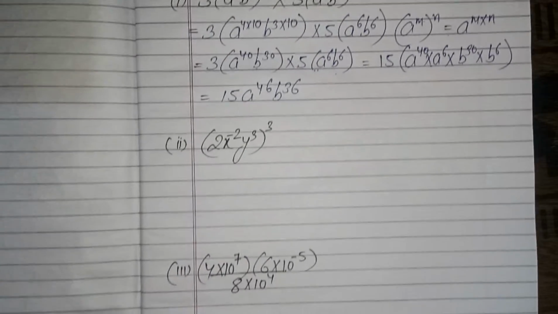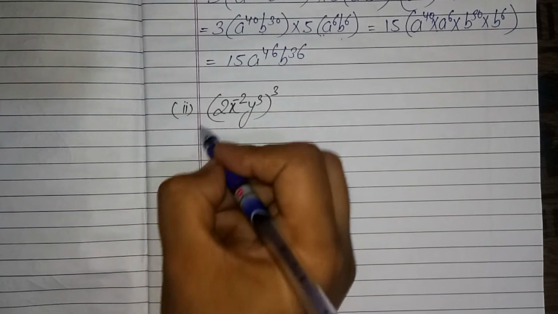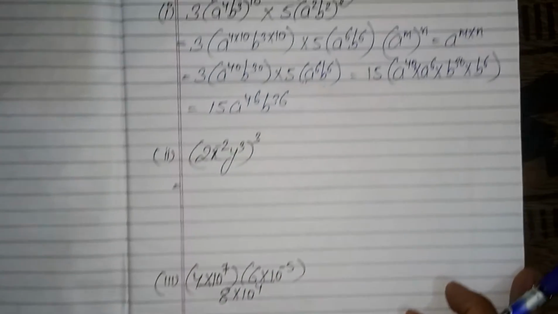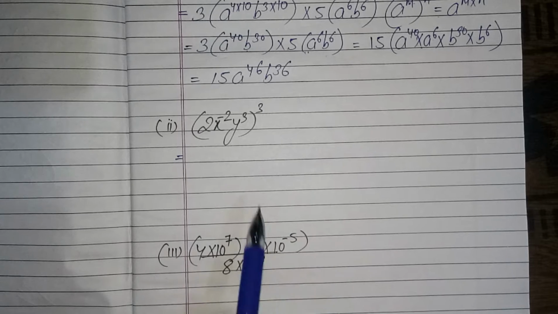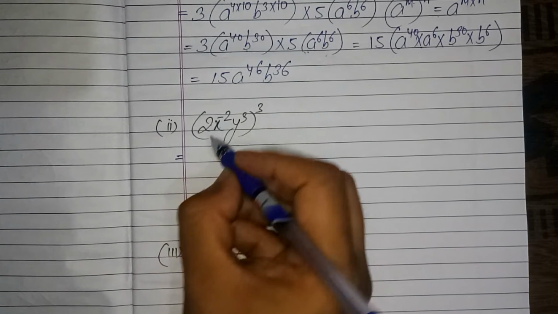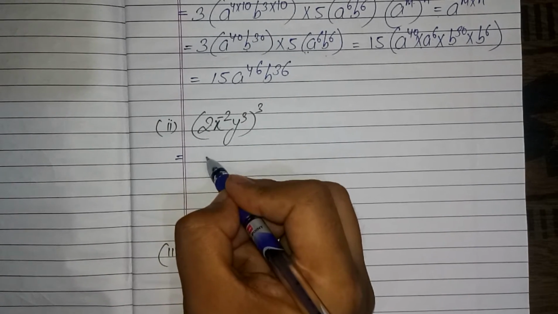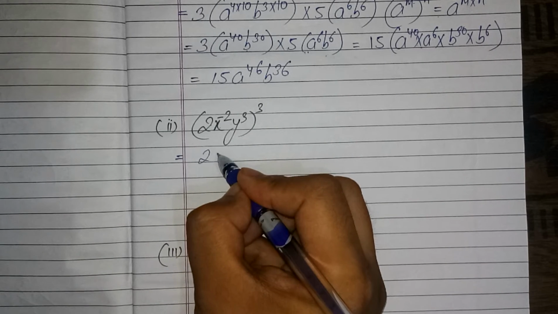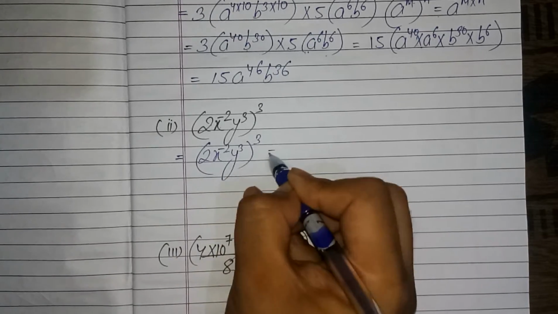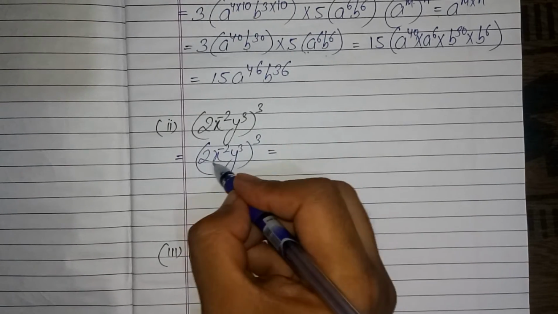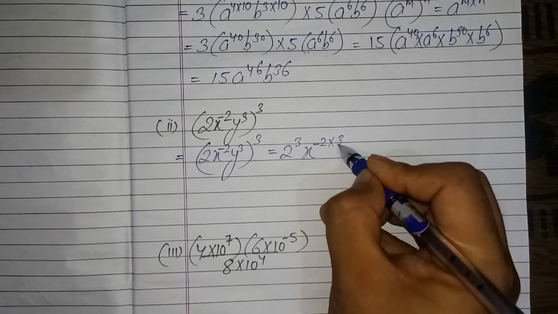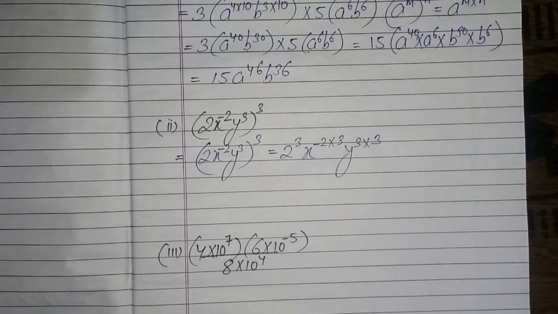Now let's do the second part. Again we have to follow the same law, that means we have to use this law again. If I raise each number inside the bracket to the power 3, what I get is 2^3, x^(-2×3), and y^(3×3).